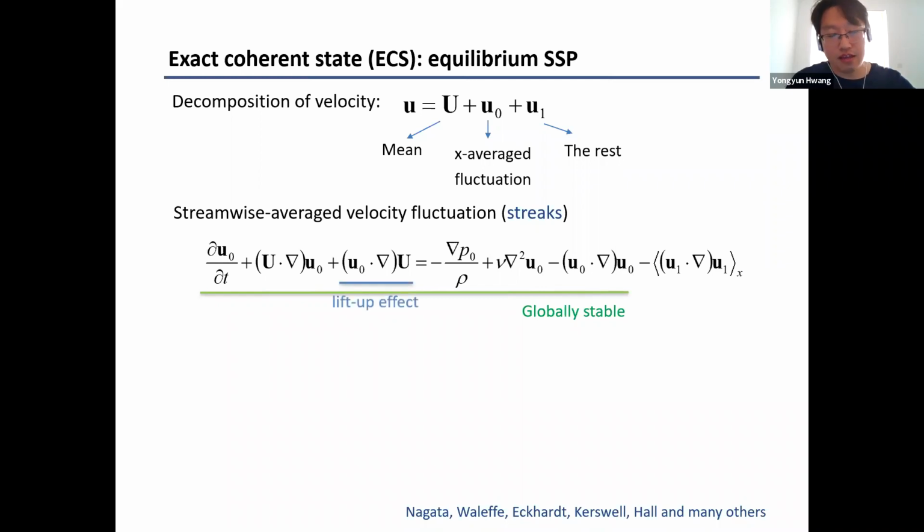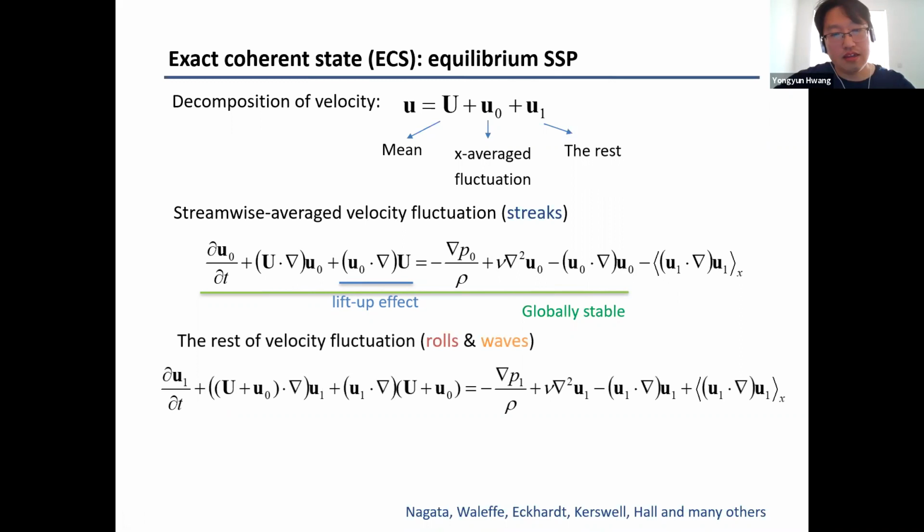But it also has a driving term, which we often call the lift-up effect, related to the conversion of the rolls to long streaks. This equation, as I said, is globally stable, and it has a driving term coming from the rest of the variables, and you can write that equation in that way.